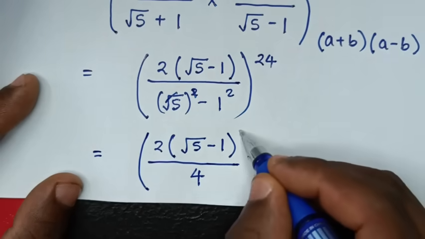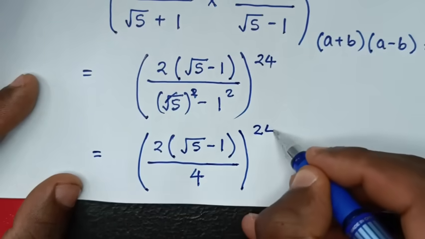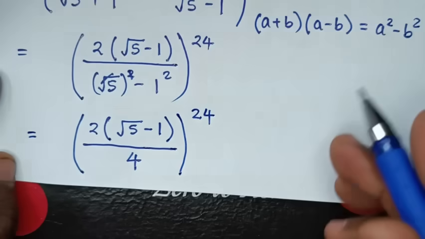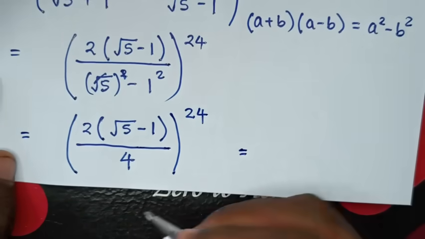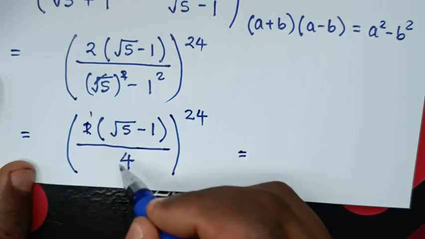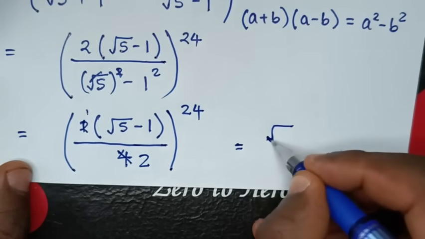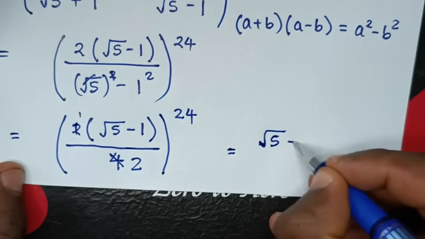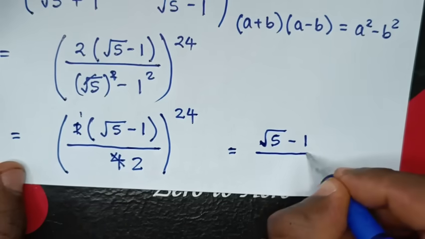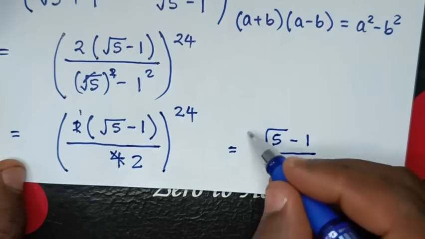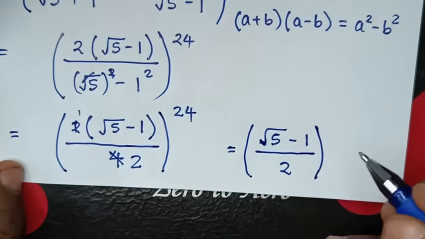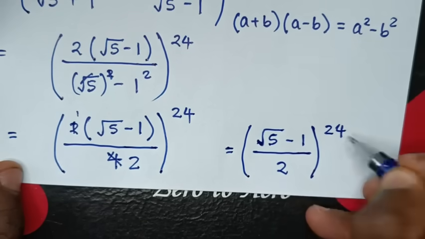Then bracket power of 24. Then we simplify, this cancels by 1, this by 2, so it will be square root of 5 minus 1 over 2, then bracket power of 24.